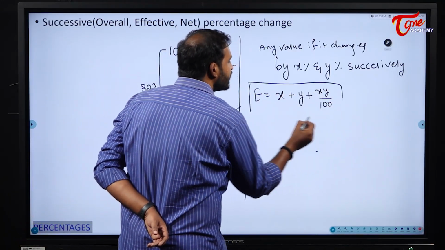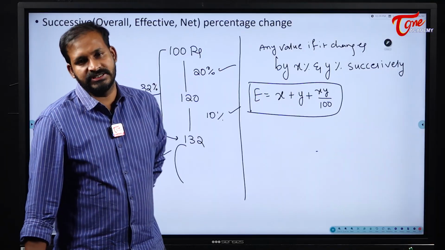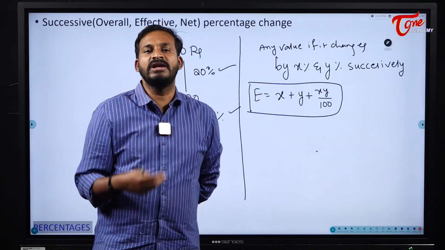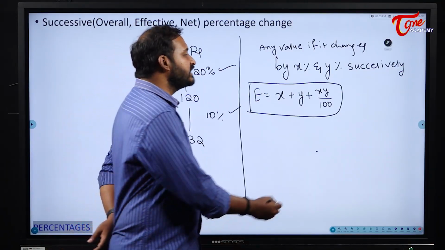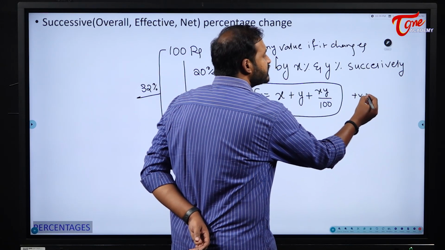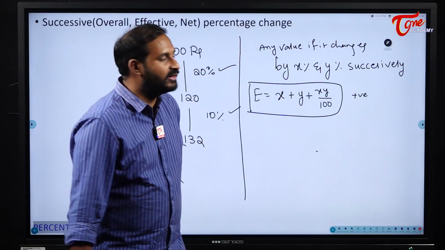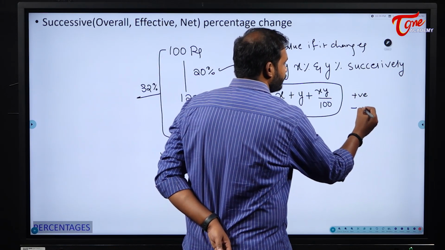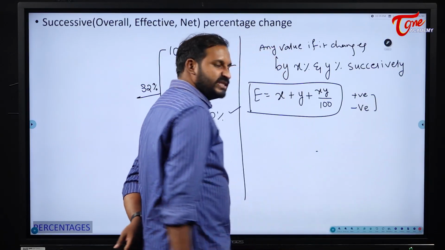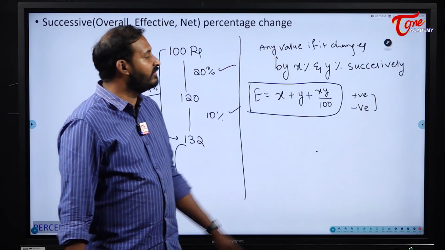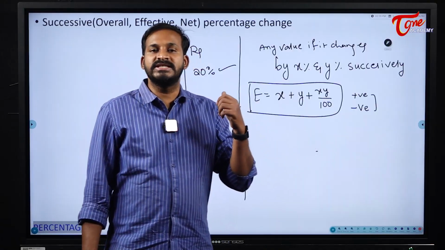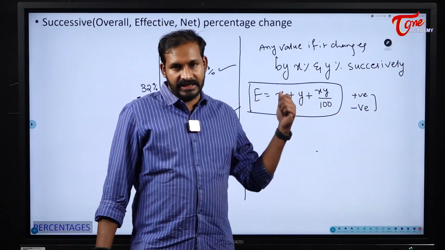Now what is X and what is Y? It depends on the situation. If a value increases, I will take it as a positive value. If a value decreases, I will take it as a negative value. If the change is positive, I take it as positive; if the change is negative, I take it as negative.